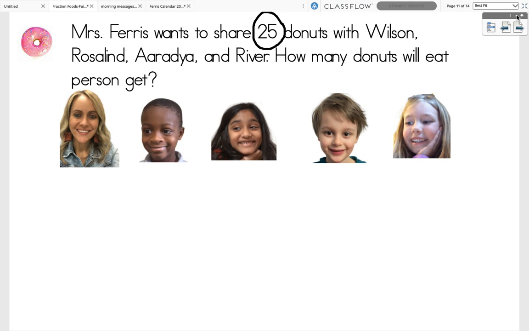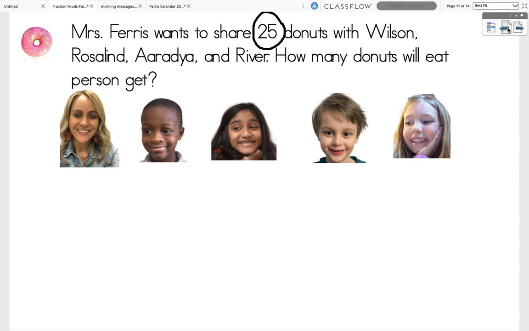Well, if I count by 5s, and I know everybody in our class knows how to count by 5s, 5, 10, 15, 20, 25. 25 is a number that we see when we count by 5s.